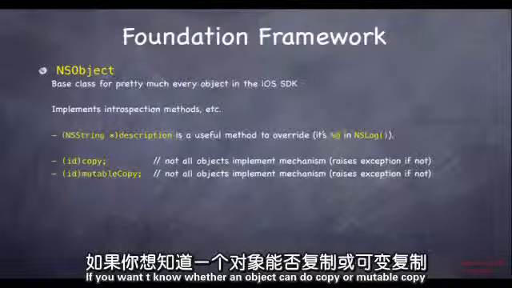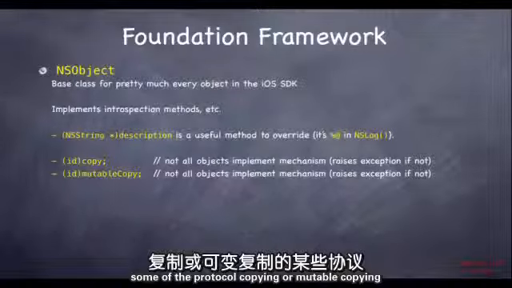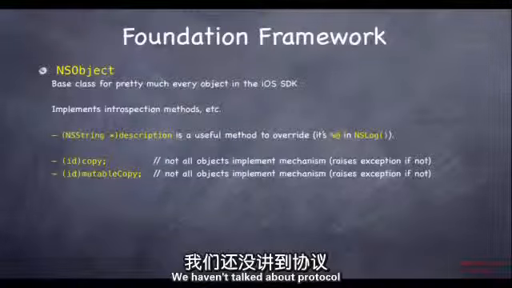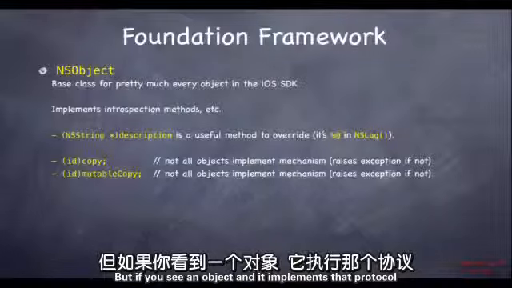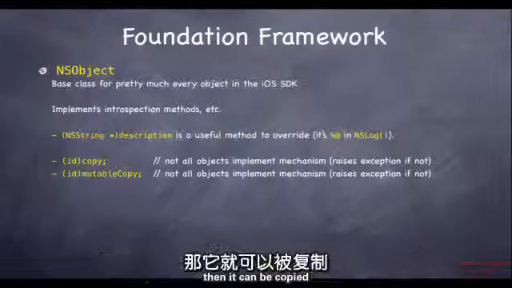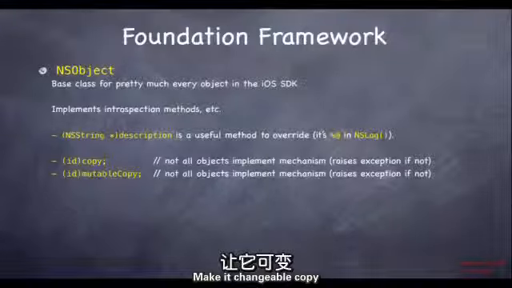If you want to know whether an object can do copy or mutableCopy, look in its documentation and see if it conforms to the protocol NSCopying or NSMutableCopying. We haven't talked about protocols, we'll talk about those a little later. But if you see an object that implements that protocol, then it can be copied, or mutably copied, which makes a changeable copy.